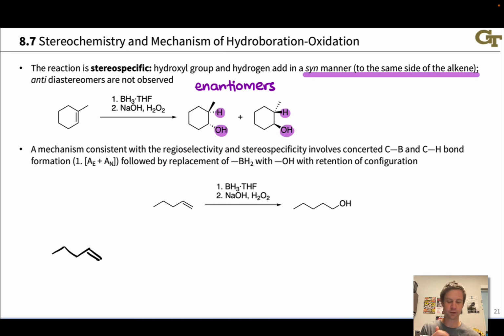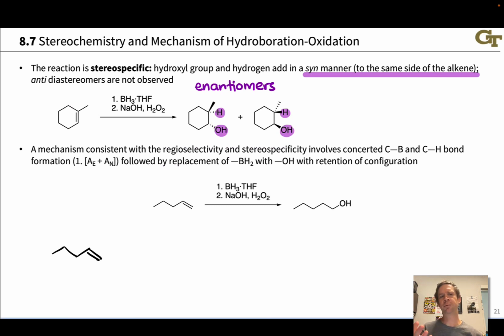So for example, in this particular case with this methyl cyclohexene, we get two products that are enantiomers of each other, but both of them have the same relative configuration with respect to the H and OH. H and OH are on the same side of the cyclohexane ring in the product. This corresponds to syn addition, H and OH adding to the same side of the original alkene. And this can be explained by the mechanism, as we'll see here shortly.